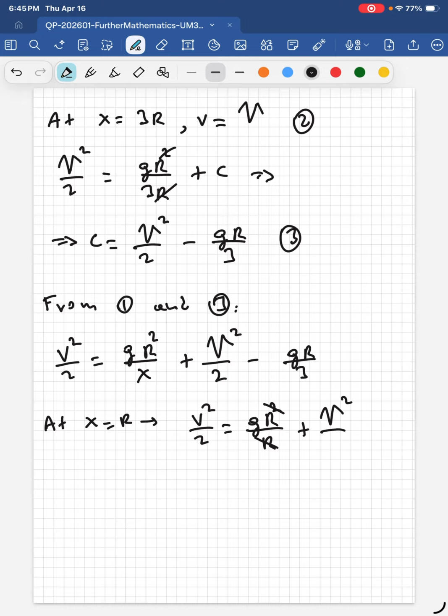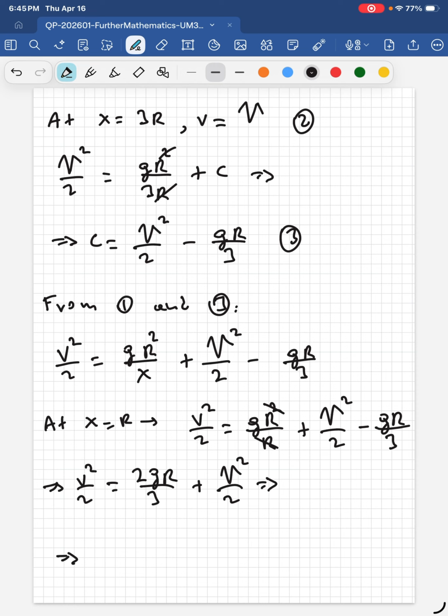So v squared over 2 is 2 g r over 3 plus V squared over 2. So finally, the velocity when it reaches the surface of the Earth is the initial velocity squared plus 4 g r over 3, because we are multiplying with these 2 in the denominator, okay? So that's the answer, okay?